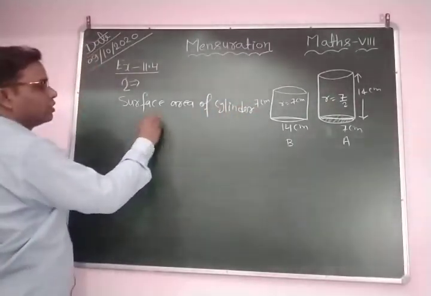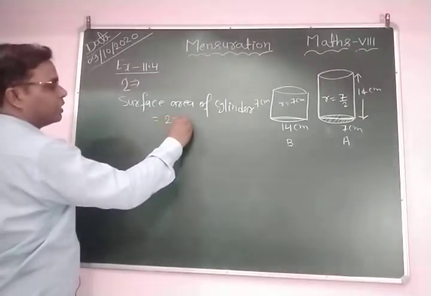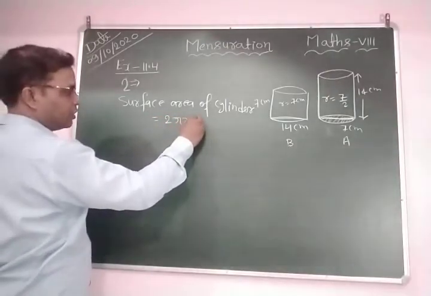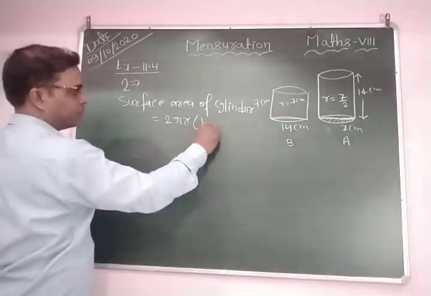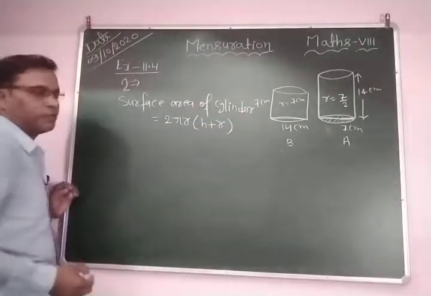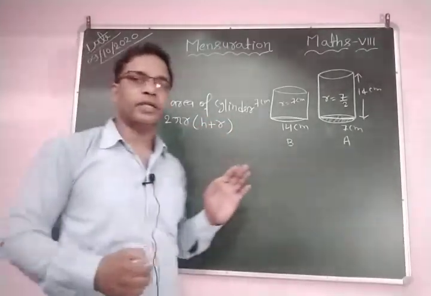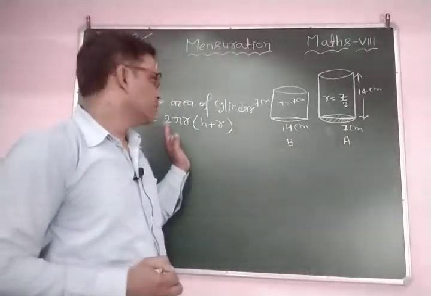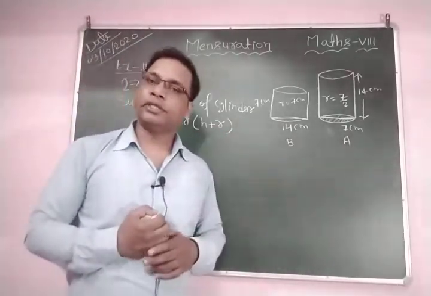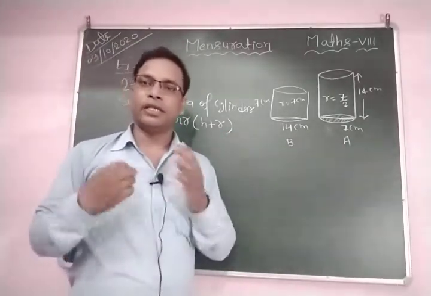This is equal to 2 pi r into h plus r. This is the formula to find the surface area or total surface area of any cylinder or any cylindrical shape.